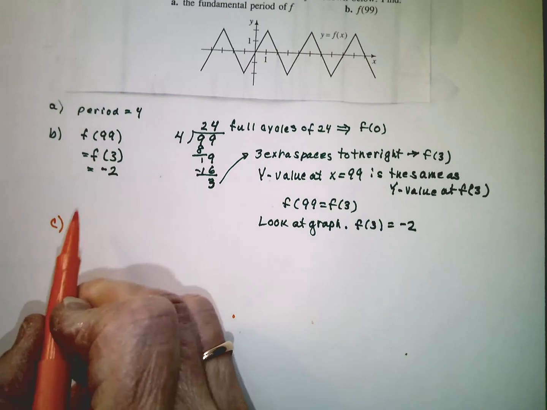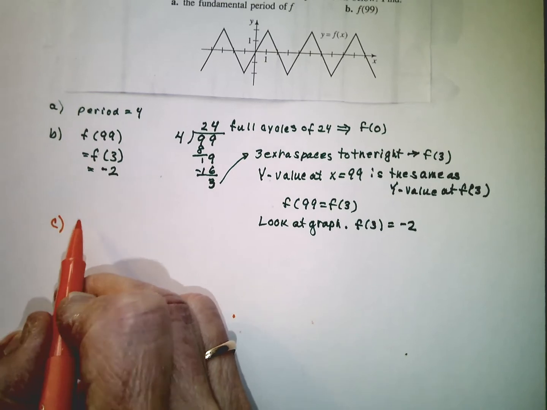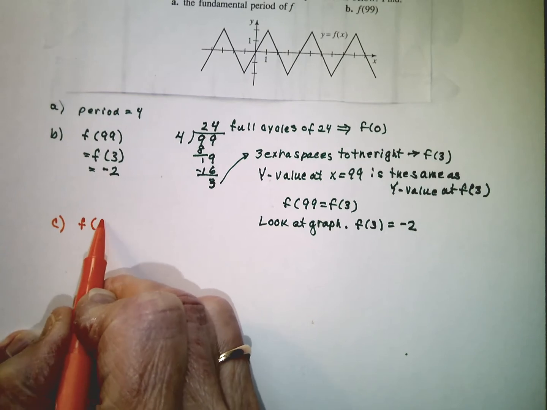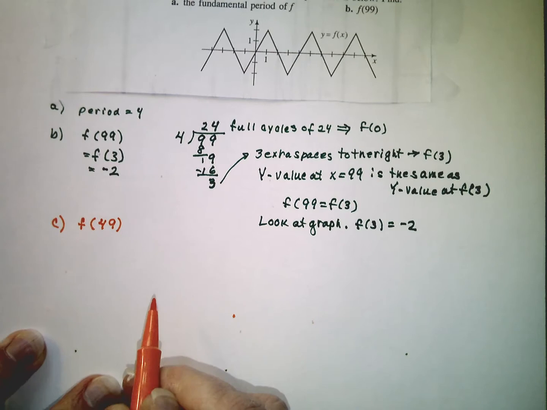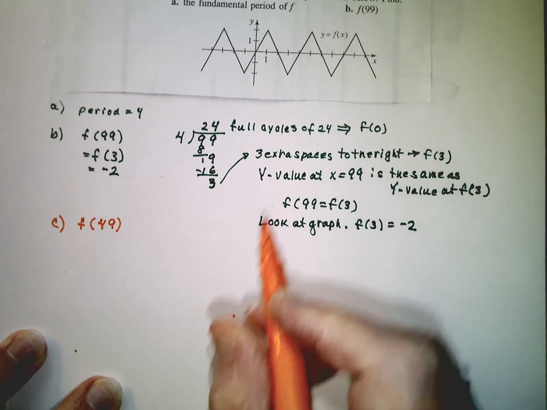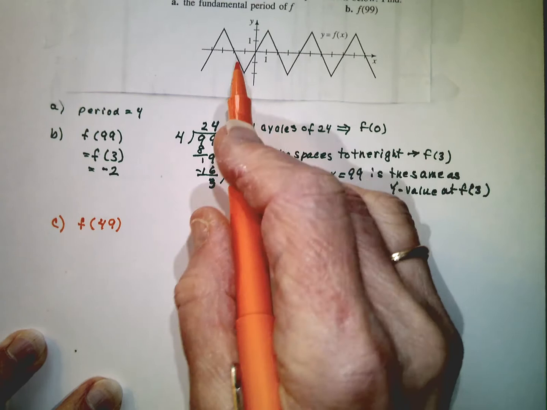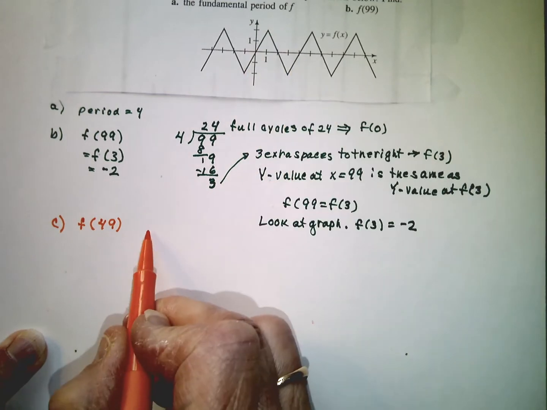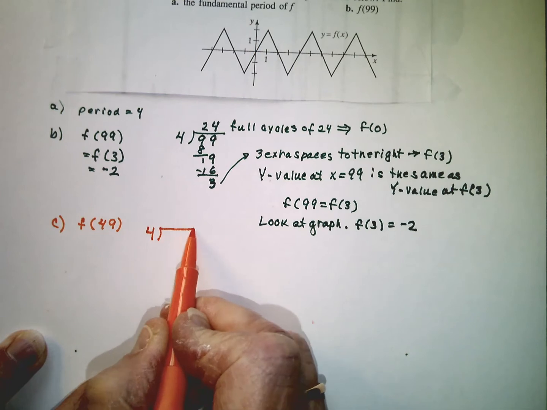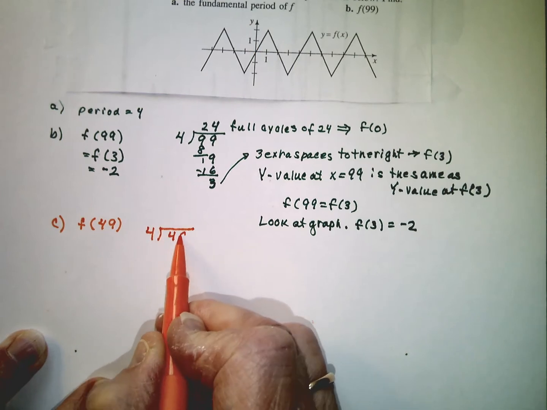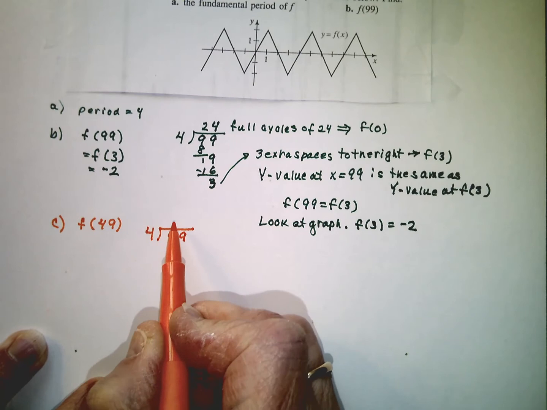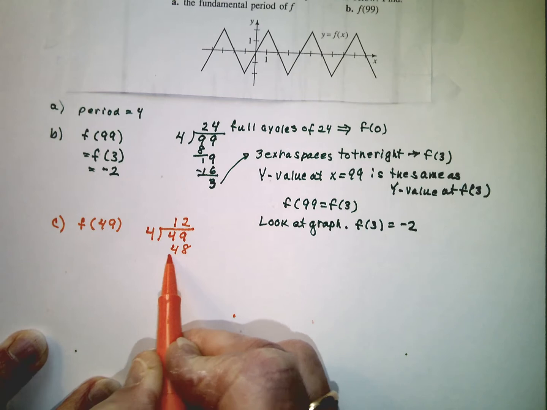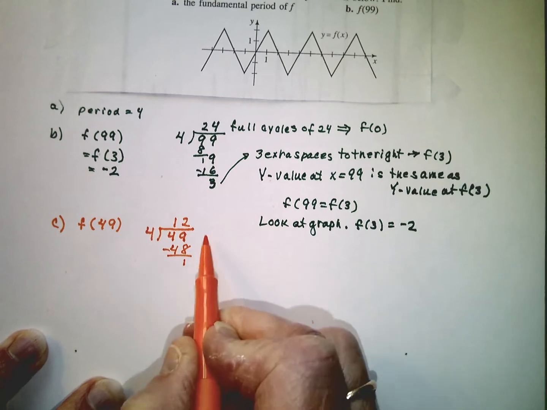Let's try a couple more. I'm just going to call this one part C. Find the function value when x equals 49. Going to go 49 spaces out. It comes back to the beginning every 4 spaces. So we could find out how many full cycles we have. I know a lot of you can do this immediately in your head, that would have to be 12 times with 1 left over.